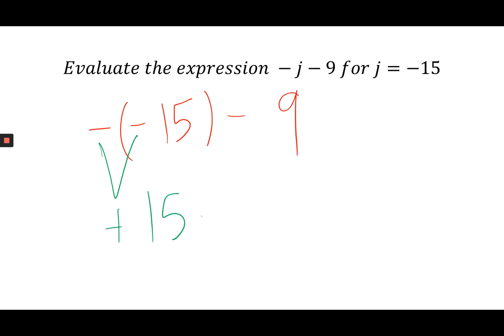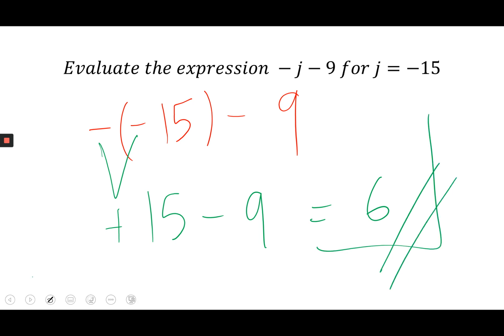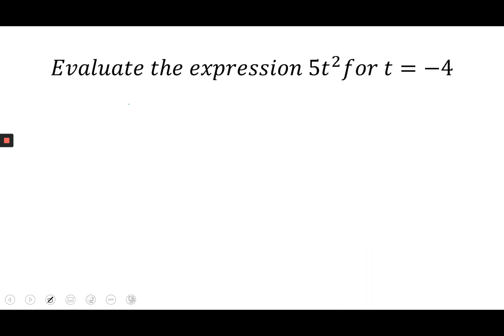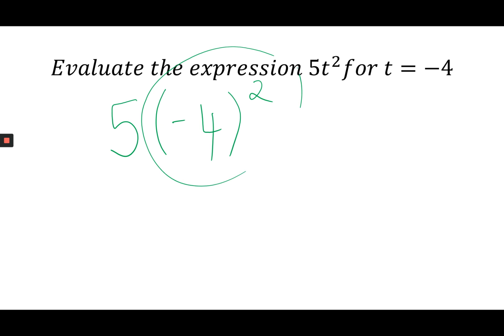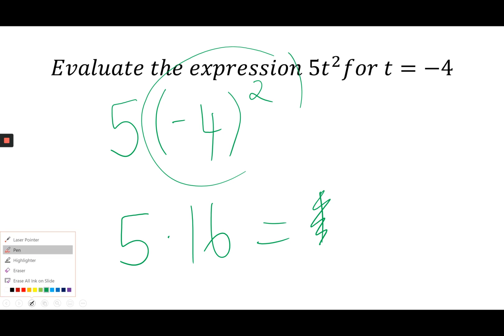Positive 15 minus 9. 15 minus 9 is 6. 5t squared, t is negative 4 squared, and exponent first, this part is first. It's going to be 5 times negative 4 times negative 4, which is 16. 5 times 16 is 80.